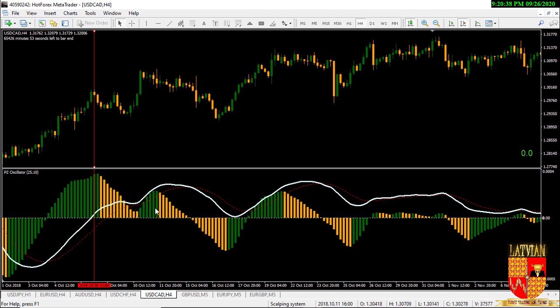Okay, so the first thing to say is that as long as these histograms are above the zero line, then it means that the momentum within a trend is bullish. Okay, so let's take, for example, here during this whole period all the way to there, we can say that during this period we had an impulse move.